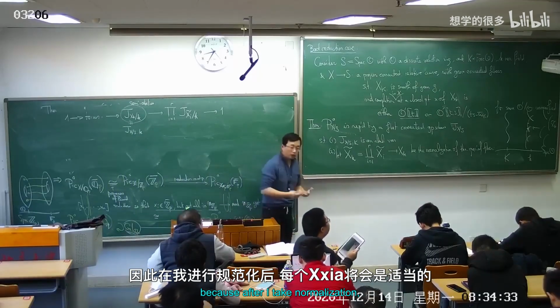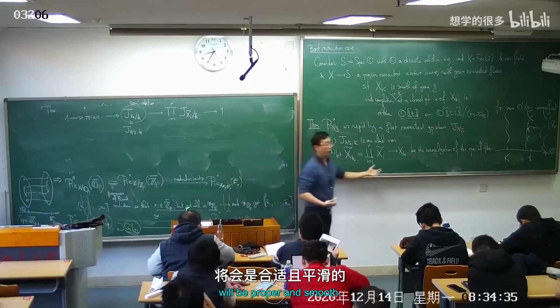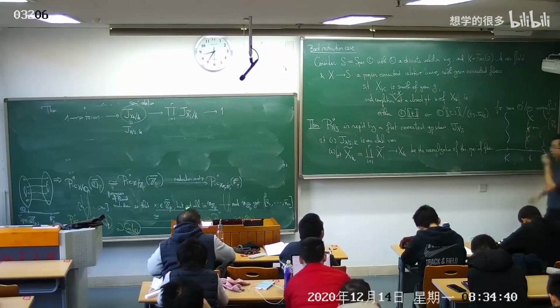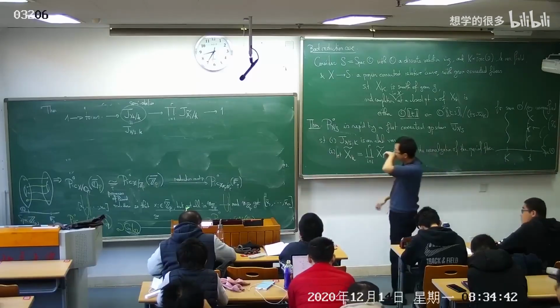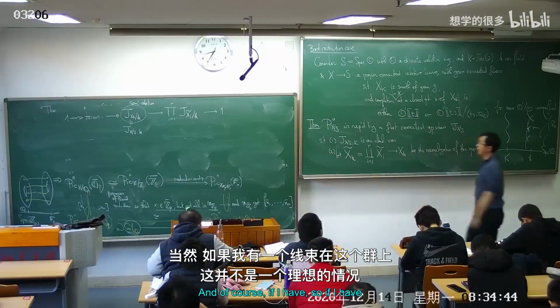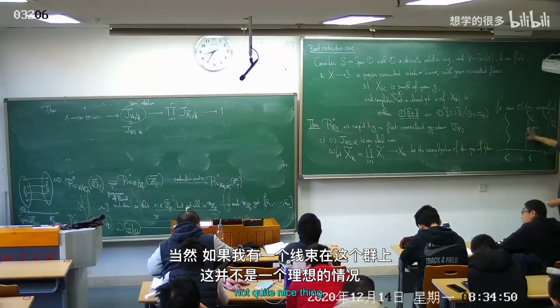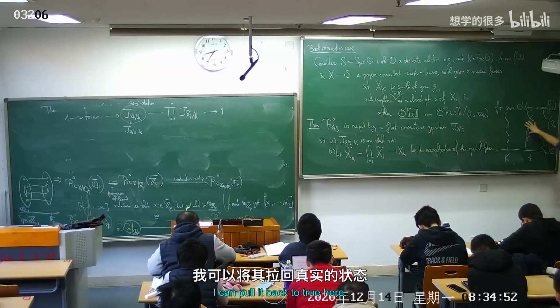After I take normalization, each of the X_i will be proper and smooth. So each one of these is proper smooth. And of course, if I have a line bundle on this not quite nice space, I can pull it back to each of these.